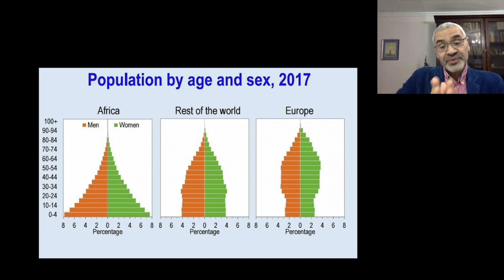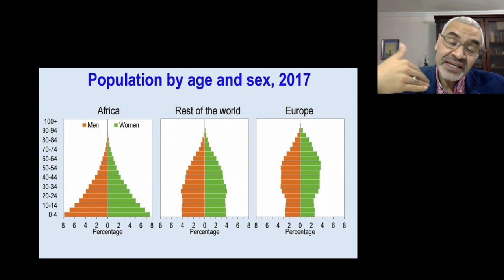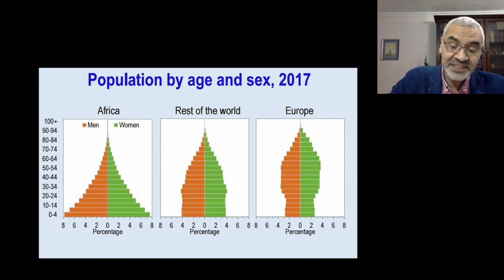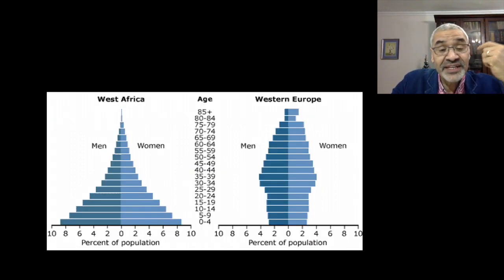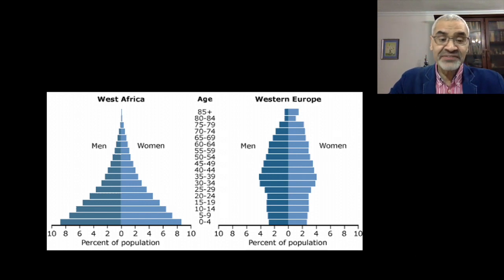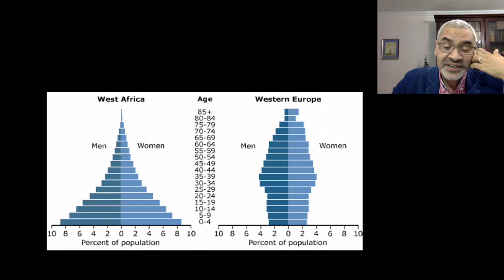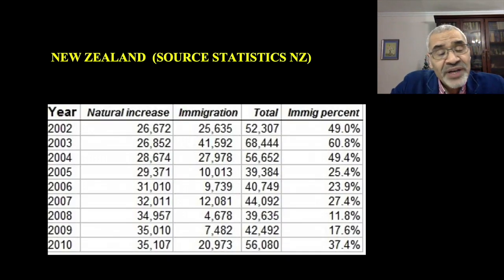So the pyramid is shrinking, and the people will disappear maybe after 50 or 100 years if the levels of fertility and mortality continue as such. Also, another example to make it closer to your mind: Western Africa has a very high level of fertility, and Western Europe a very low level of fertility. So now let's link this with migration.